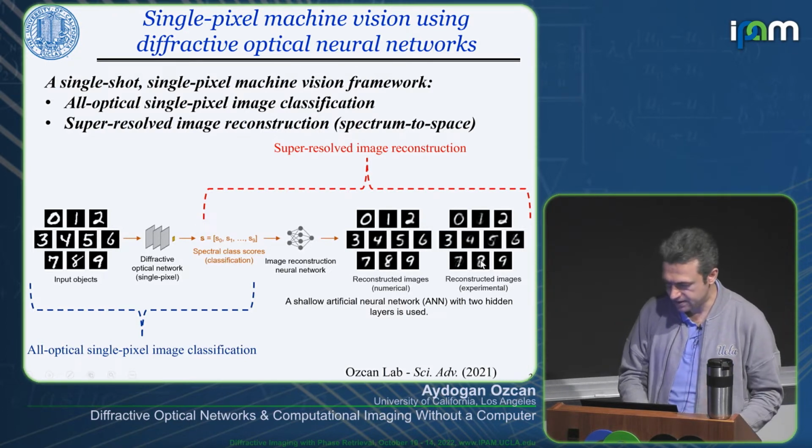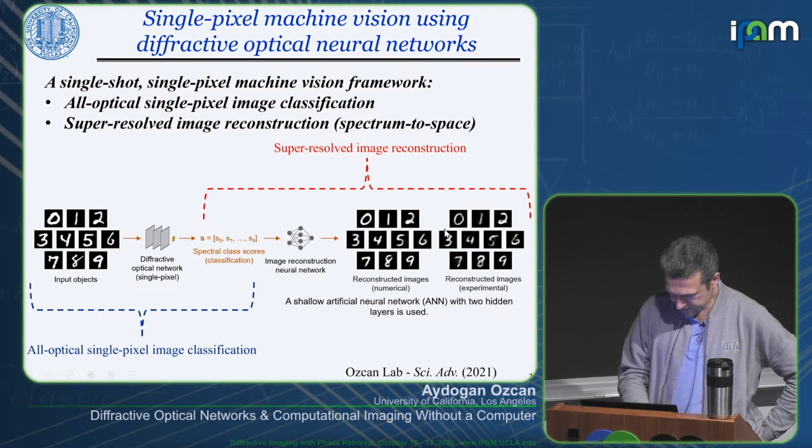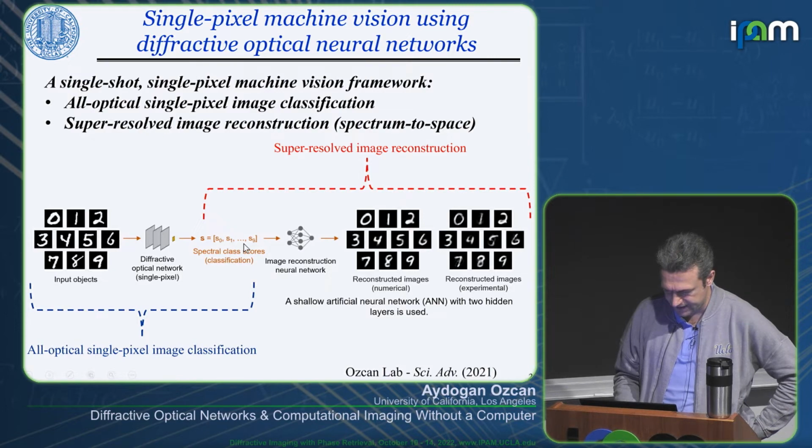Perhaps that can help us correct our misclassifications coming from the diffractive network. These are some examples experimentally reconstructing the objects from just a spectral class score of 10 numbers coming from the diffractive network's output.